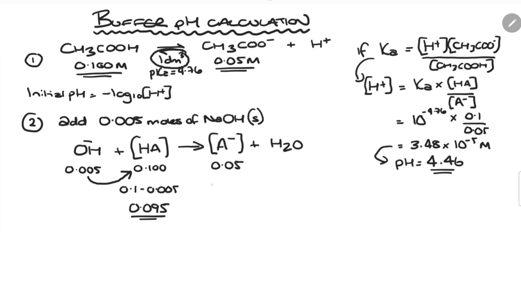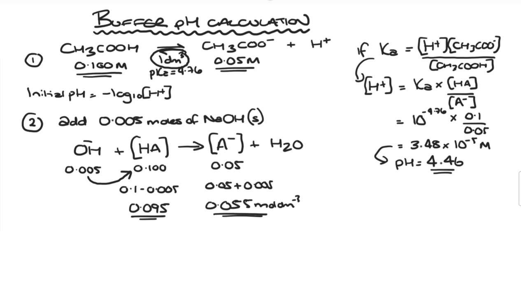Likewise, the 0.05 of A minus, as a product of this reaction, is going to increase by a small amount of moles as well, giving rise to 0.055 moles, and because we're in 1 litre, it's moles per litre there. So we now have the number of moles and concentration of HA and A minus after the addition of a small amount.